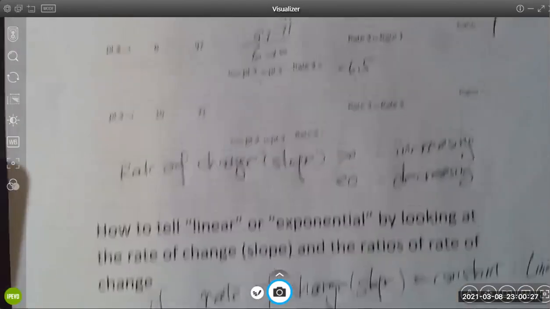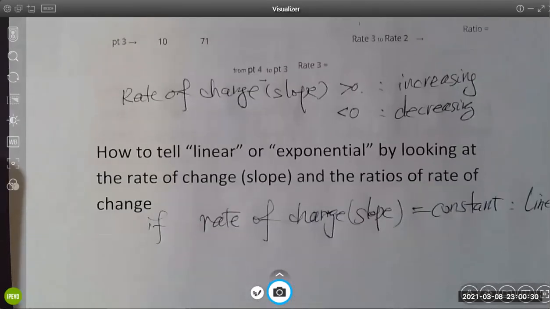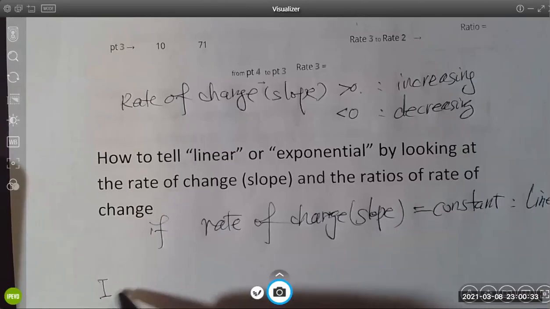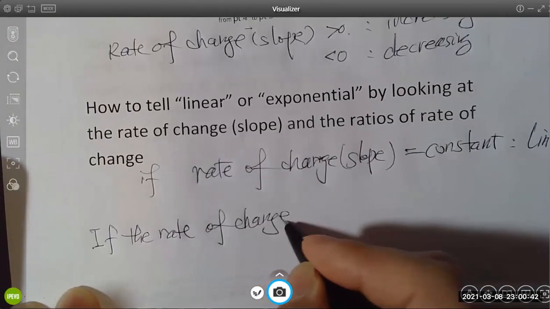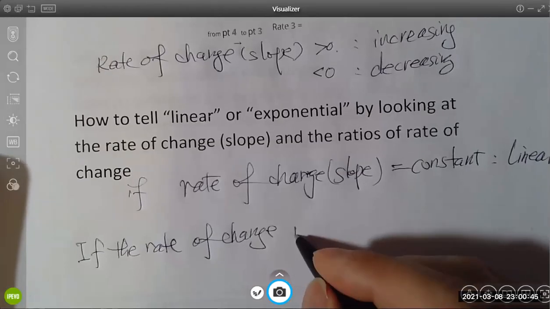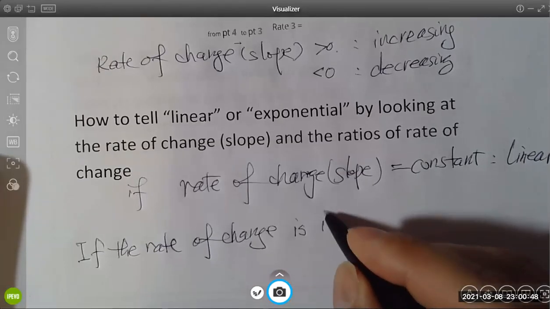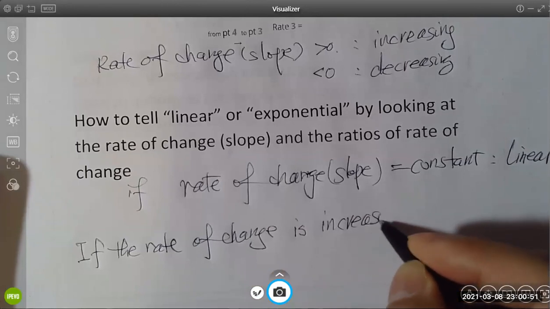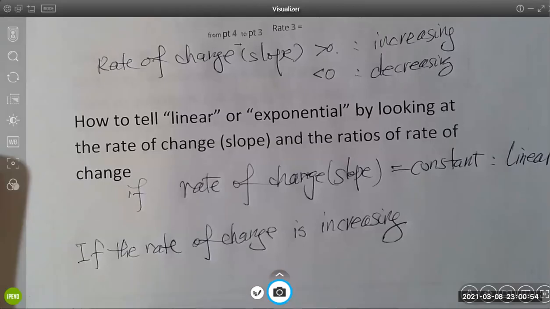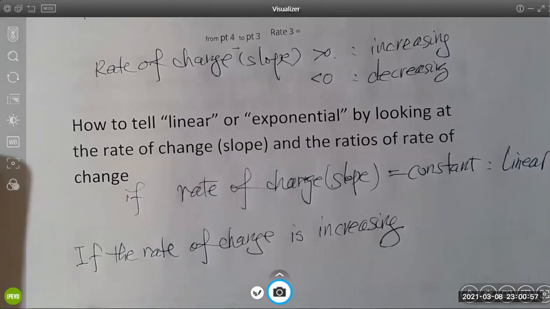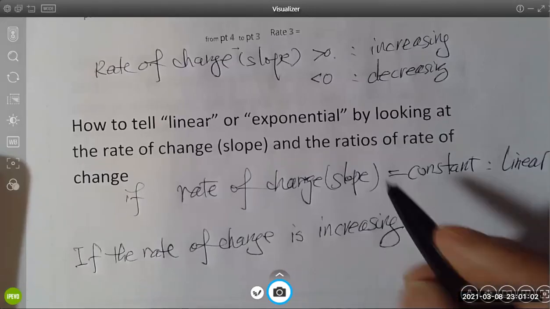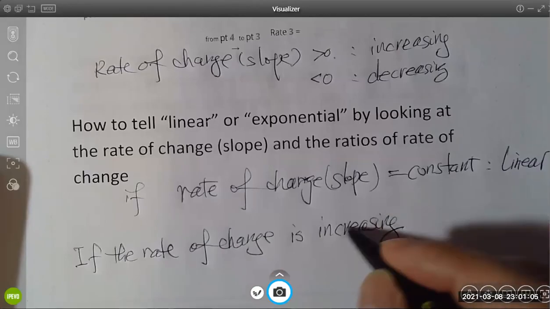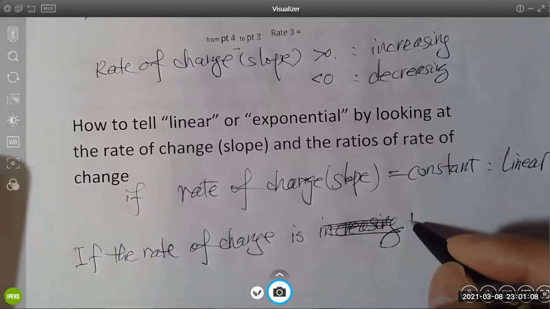Now let's see how we tell if it is exponential. First, if the rate of change is increasing, at least it's not a constant number. It's not constant.